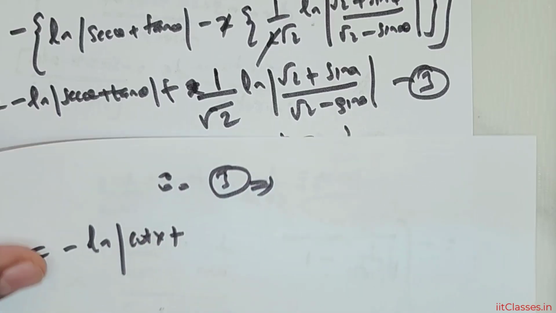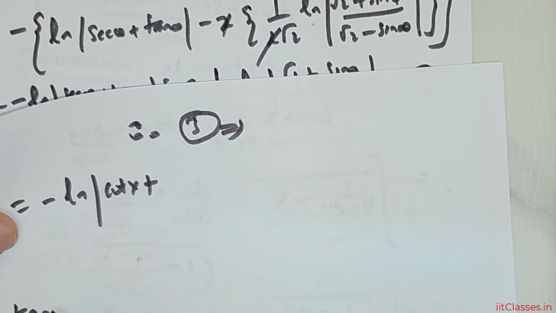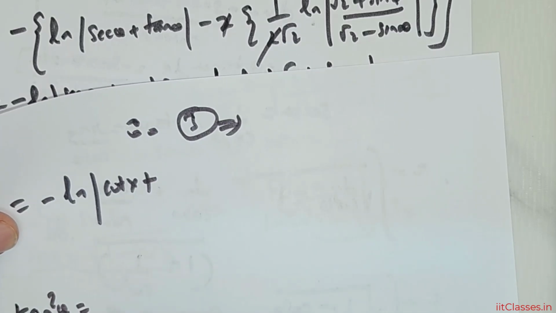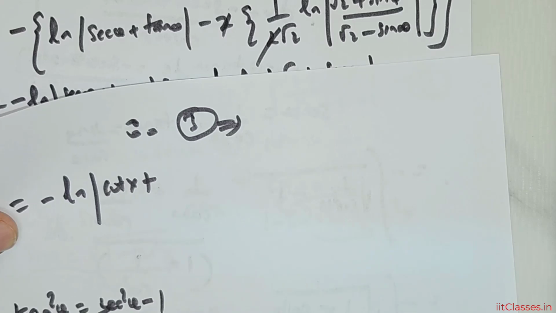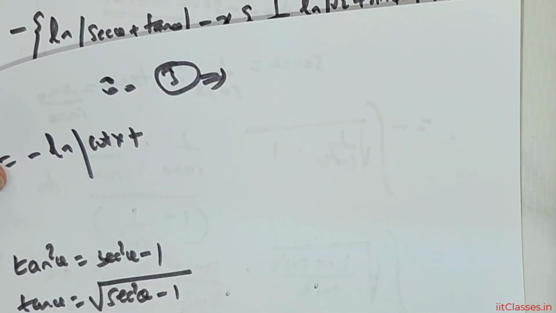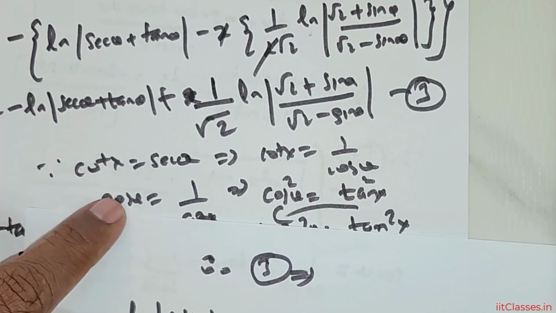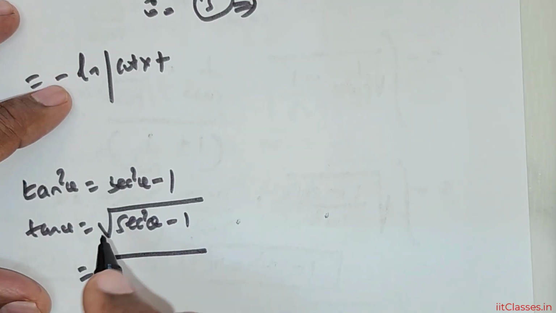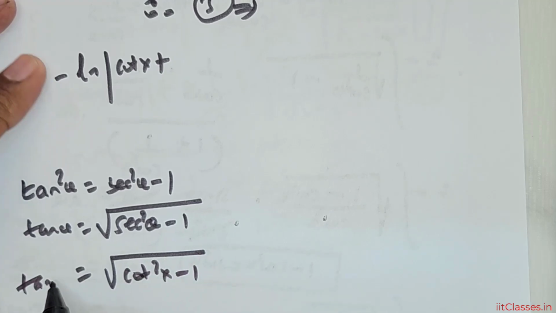Now tan squared theta is secant squared theta minus 1. So therefore tan theta is equal to root of secant squared theta minus 1. Secant theta is cot x. So this is going to be root of cot squared x minus 1, which is equal to tan theta.